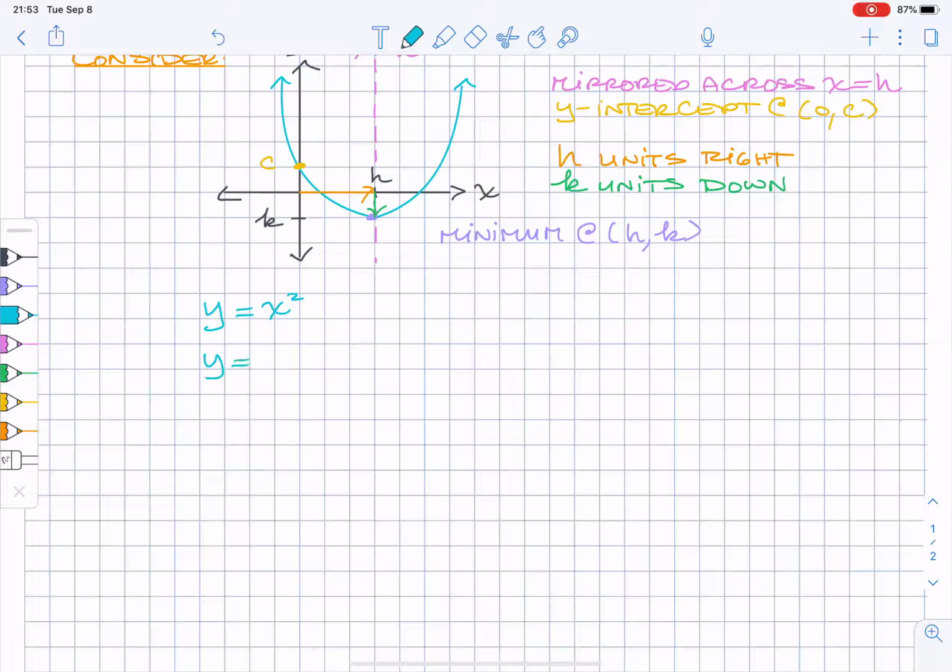So y equals, let's say we have a x squared. That would imply that it's stretched vertically by a factor of a.